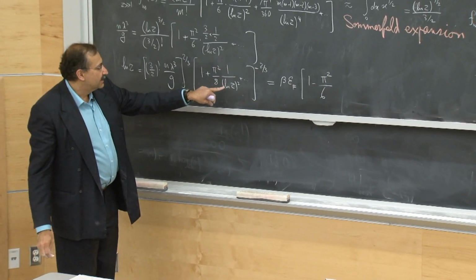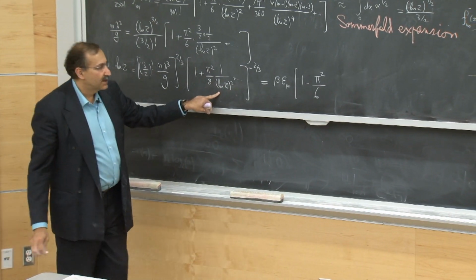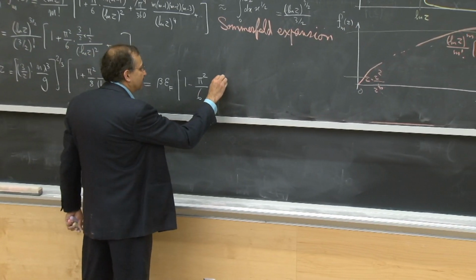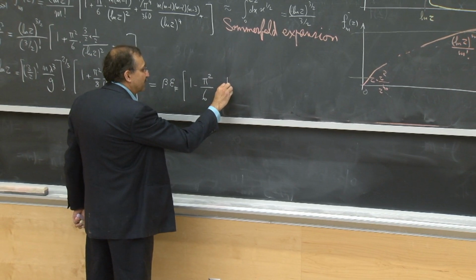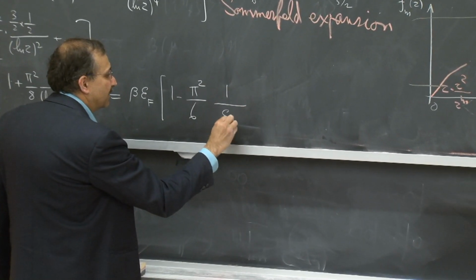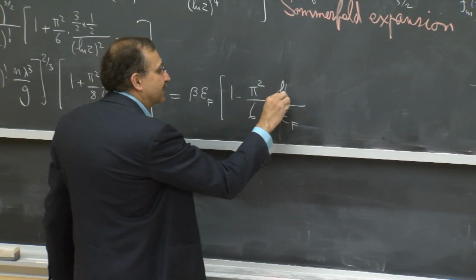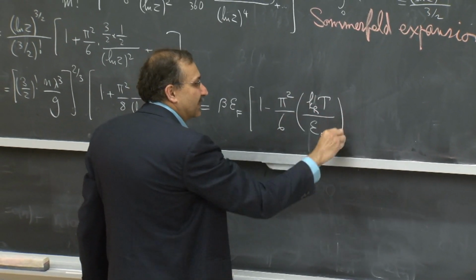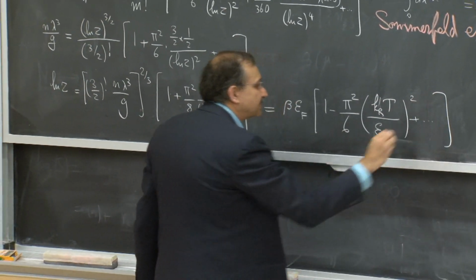Right? And then I have 1 over log z squared. 1 over log z is simply 1 over beta epsilon F, which is the same thing as kT over epsilon F squared.